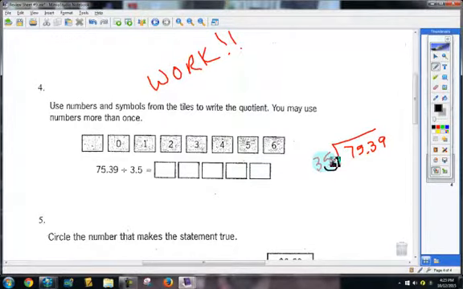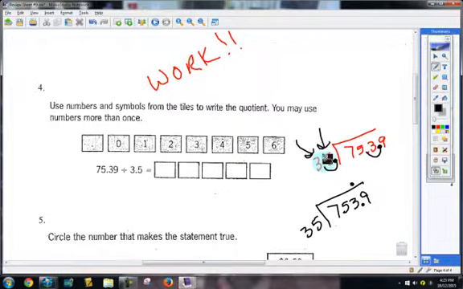I just multiplied by 10. But here's the key part. If you do it to your divisor, you must do the exact same thing to your dividend. So actually you're going to be doing 753 and 9/10 divided by 35. And then remember, your decimal goes straight up. Nothing's different, but we'll get to why this is. You can't have a decimal in your divisor.